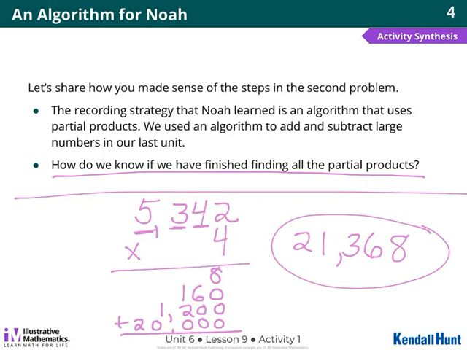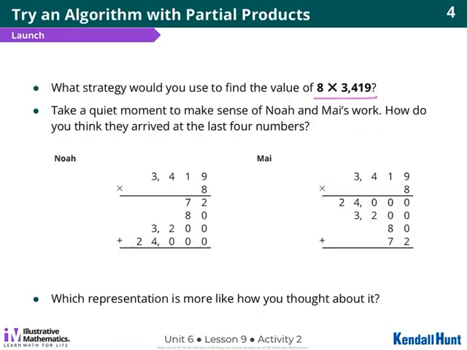All right, does that make sense? Okay, you might not like Noah's strategy, but if you understand his strategy, it's going to help you with the basic algorithm.